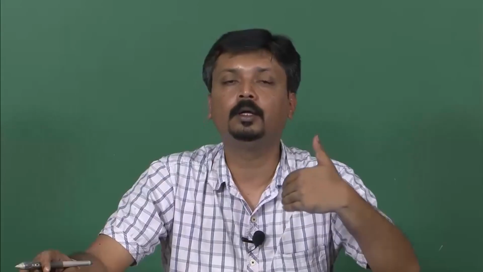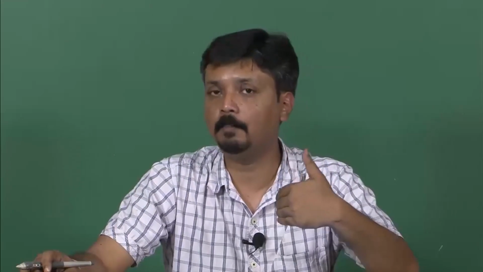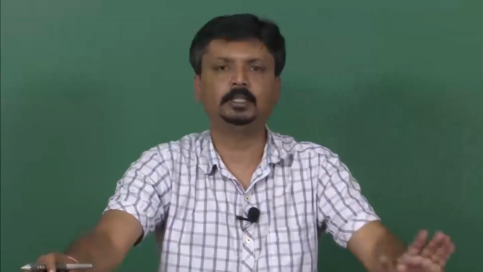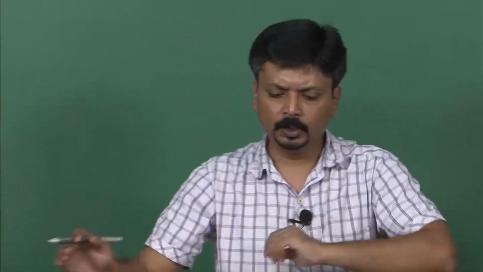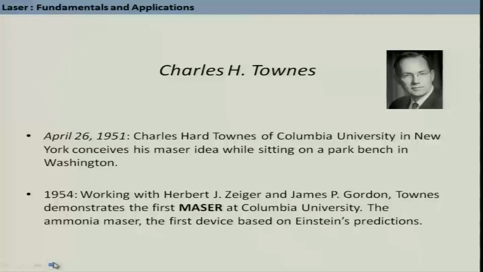From then people tried to develop a device which could first generate stimulated emission in a controlled way and then amplify and generate that amplified radiation. Now, it was done in 1917 by Albert Einstein, but it took nearly 40 years, 43 years actually, to materialize this. So, how did it happen?